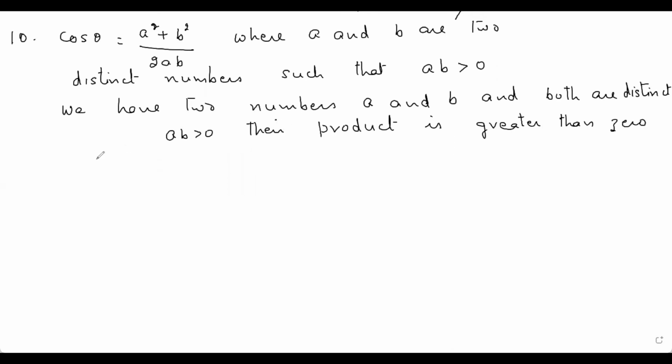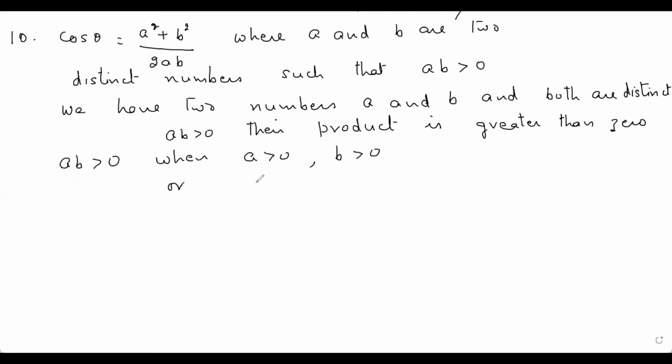Now, when product of two numbers is greater than 0, either both A and B should be greater than 0 or both A and B should be less than 0. Now this product, AB is greater than 0, when A is greater than 0 and B is greater than 0.